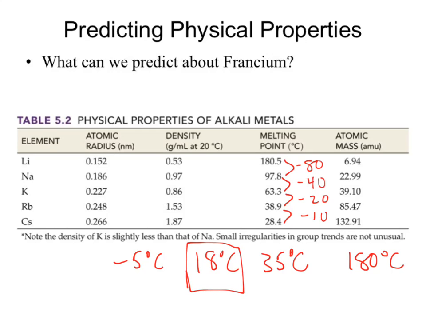Okay? As the morning pointed out, there's another piece of information that we could look at. All of our phase information, solids, liquids, and gases, is at room temperature. What temperature is room temperature? Roughly 22 degrees Celsius. Okay? Which means if our melting point is under room temperature, what phase would it be?